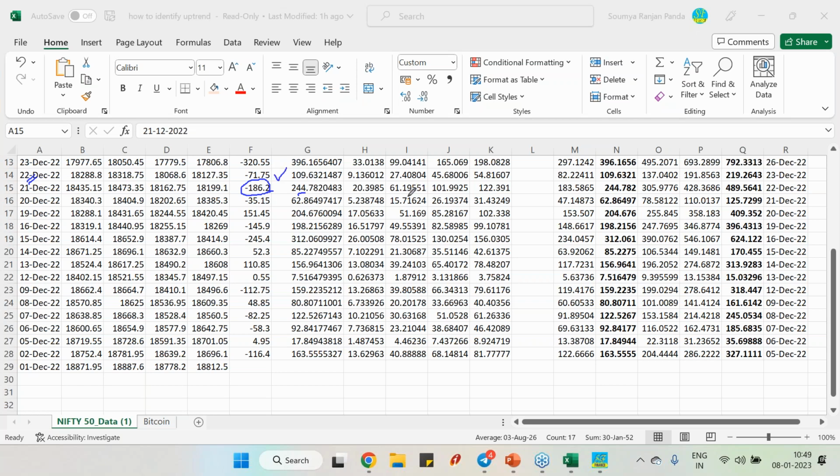Negative 71 means, this is 15 degrees, this is 35, 45 degrees, this is 90 degrees. So between 45 and 90, in between this it is closing.